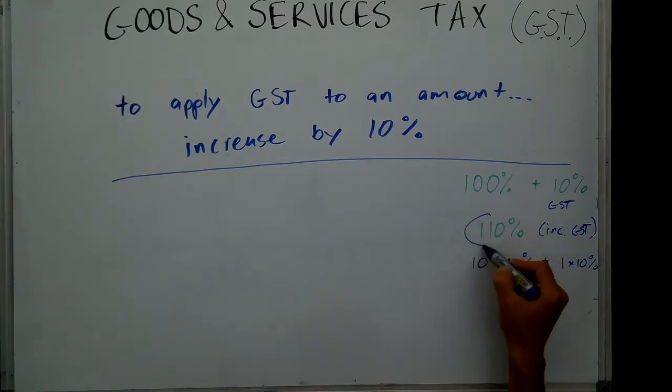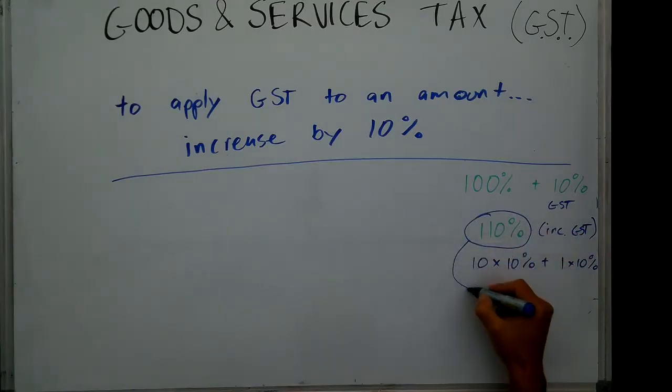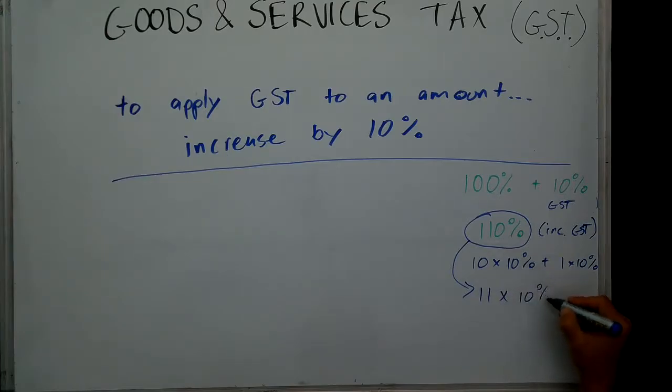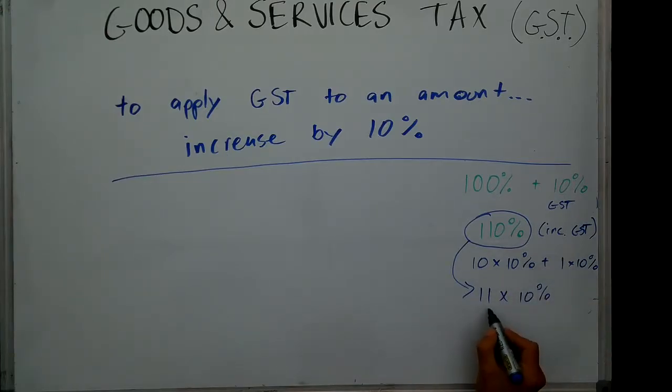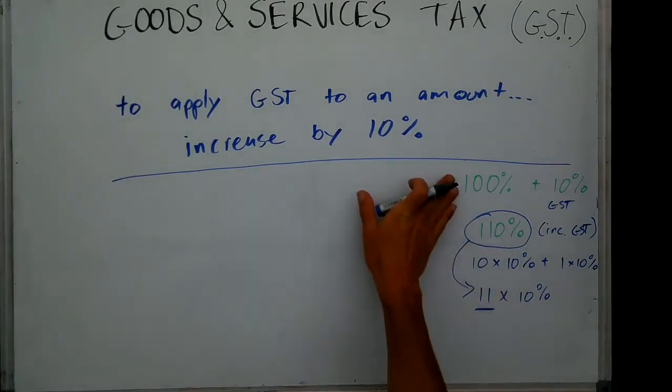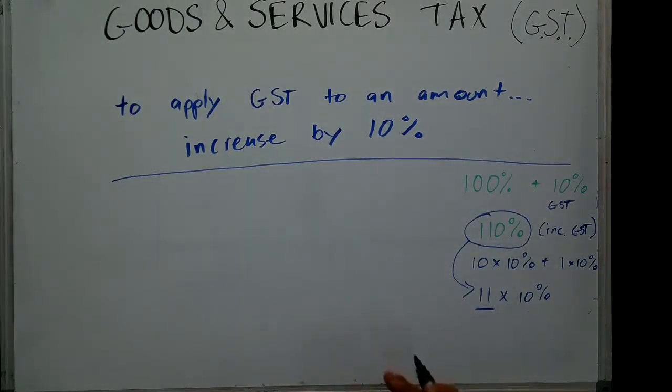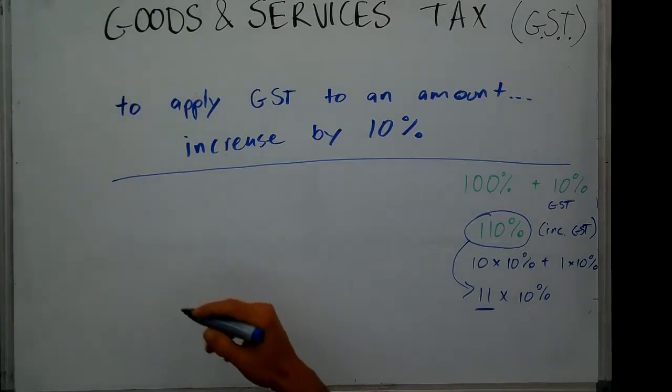So this final amount here is actually 11 lots of 10%. People get confused by where the 11 comes from. It's because we started with 10 lots of 10% and we added the GST, which is an 11th one.